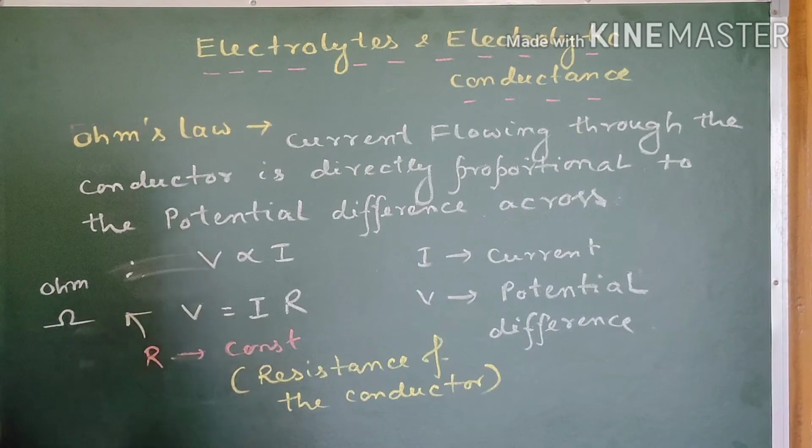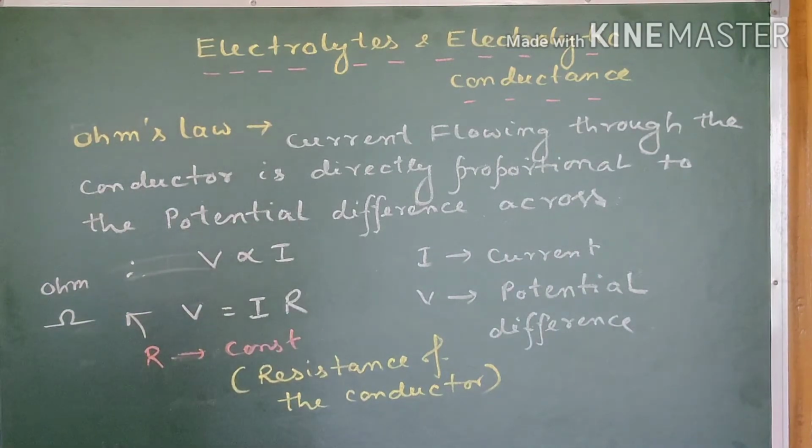And this is the symbol of R. Remember, it may be stated that the strength of current flowing through the conductor is directly proportional to the potential difference, and this we must understand at the same point of time, that the higher the resistance, the lesser the amount of current flowing through the electrolytic conductors.